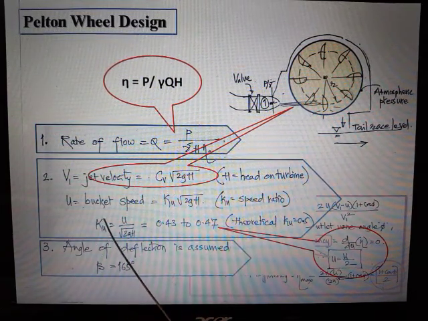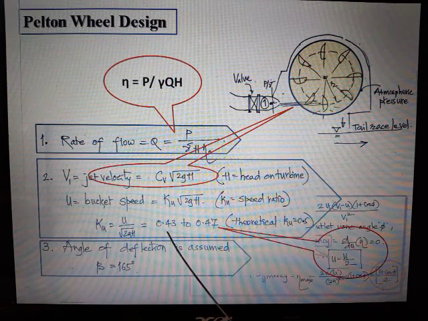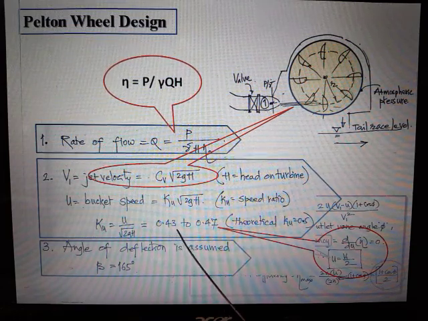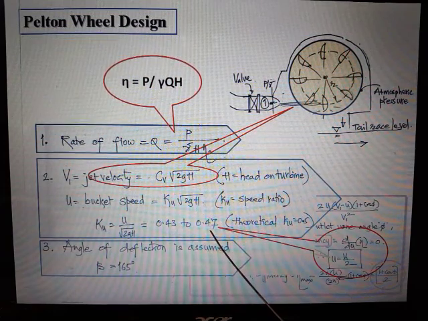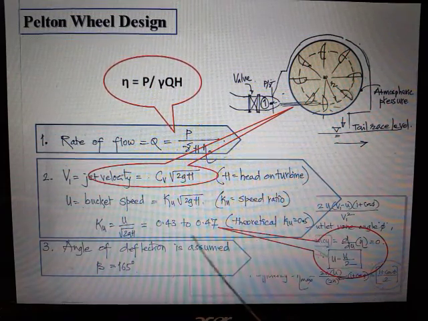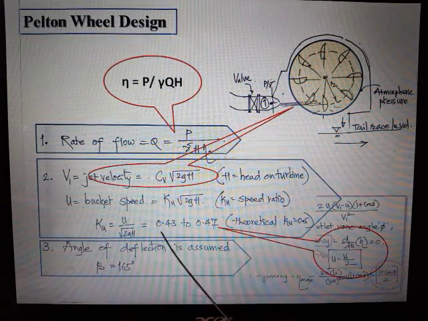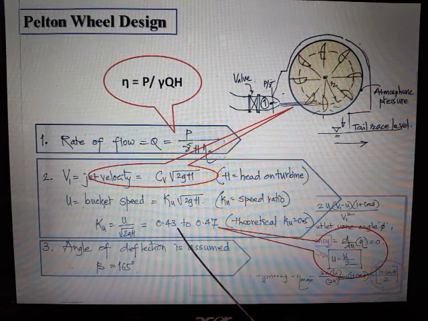This Ku, which is known as the speed ratio, is taken not exactly 0.5, slightly less, in the range of 0.43 to 0.47. So the theoretical value is 0.5, but we'll be taking it as 0.43 to 0.47. Generally this value is provided. If not, then we'll have to assume.